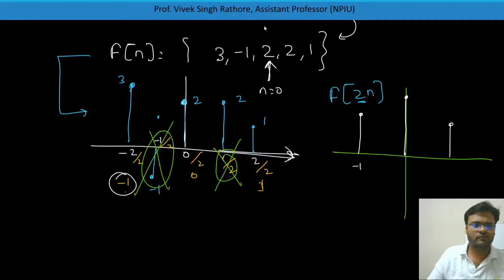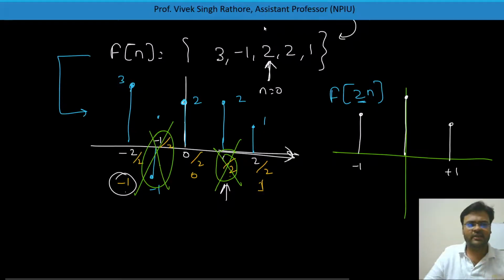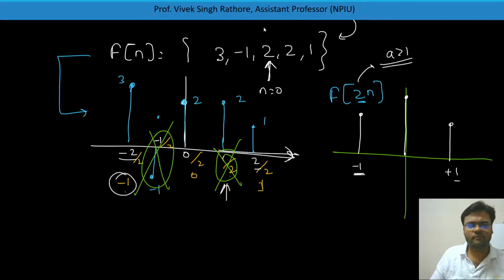The non-integer values do not exist. We have seen earlier that whenever we scale with a greater than 1, we always get a compressed signal. Here also you can see, earlier it was from -2 to 2, but now the values are from -1 to 1. So the signal has been compressed.